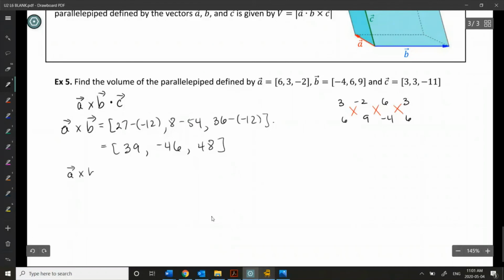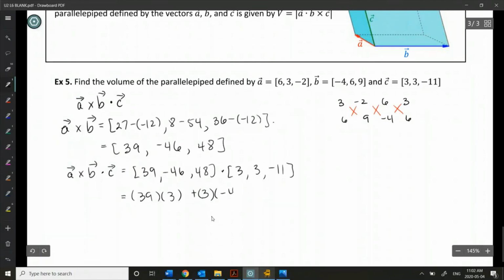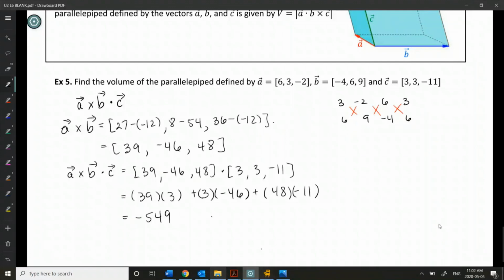Now we're going to take that answer and dot it with vector C. So that means I'm taking this vector here and dotting it with the vector 3, 3, negative 11. Remember, the dot product means that we multiply similar components and then add the products. And you should get negative 549.